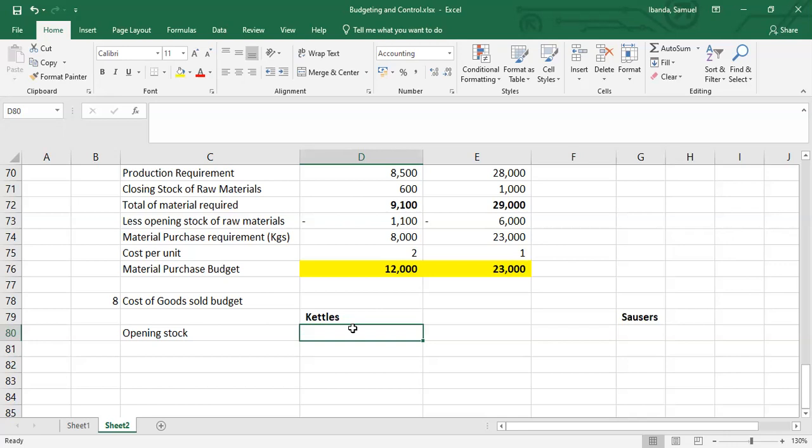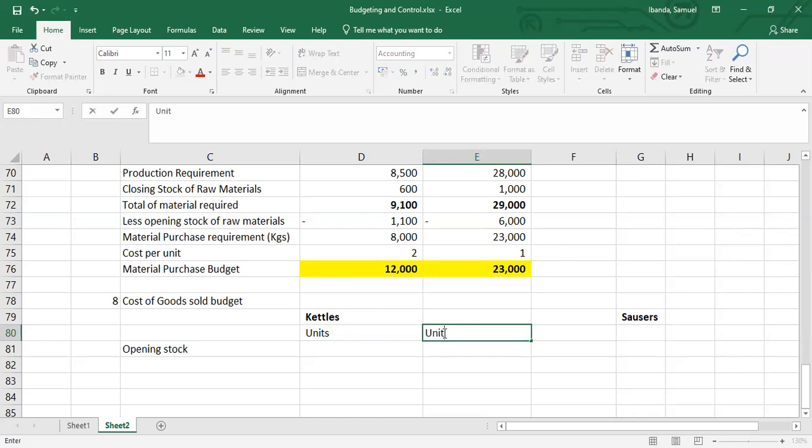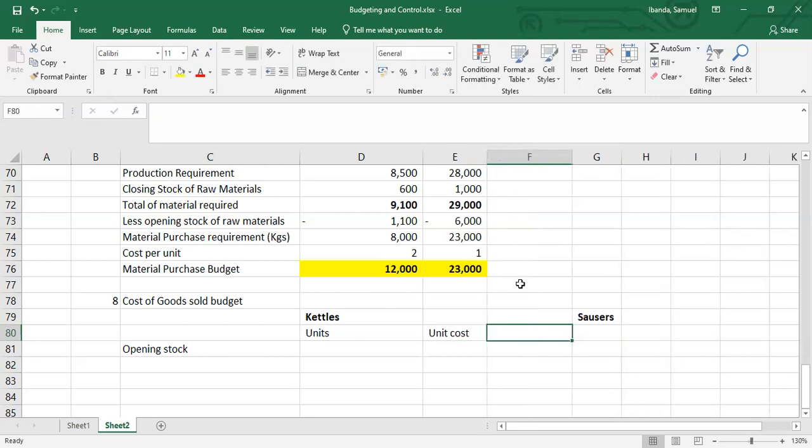If these are kettles, I first look at units, and then the unit cost, and then the overall value.